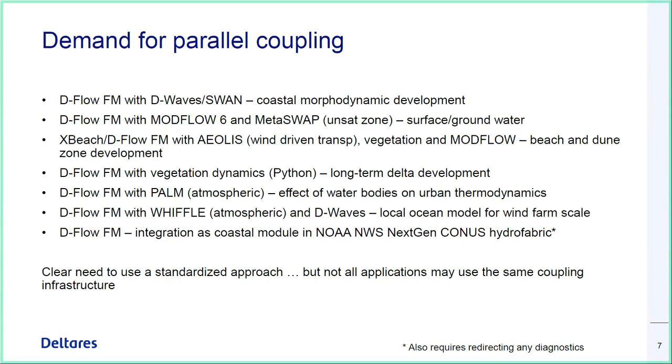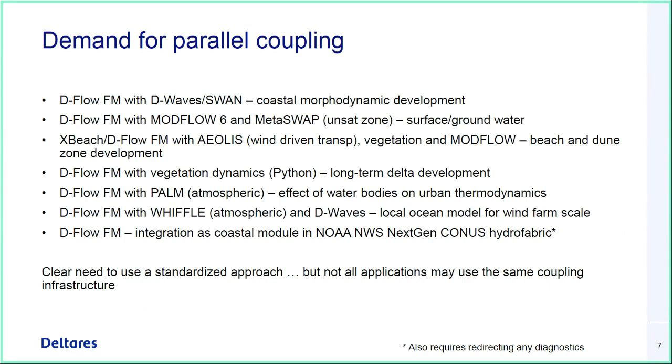The surface water and groundwater models, they want to scale. We have XBeach, more wind-driven sediment transport, vegetation, and groundwater. They want to do that basic, just flexible mesh with vegetation for long, century to millennia timescale morphological development of deltas.